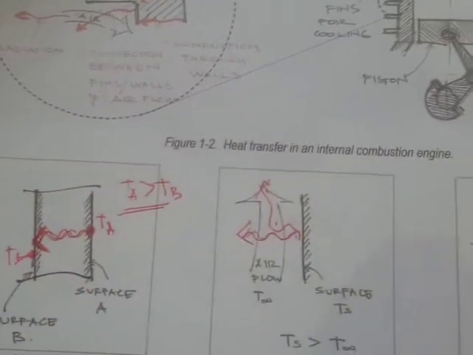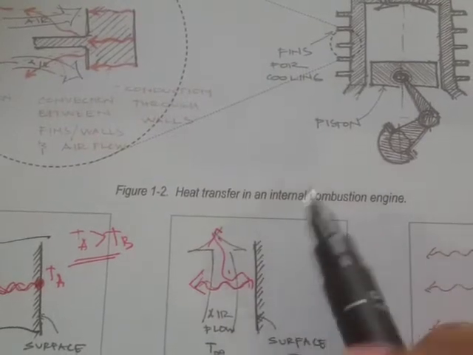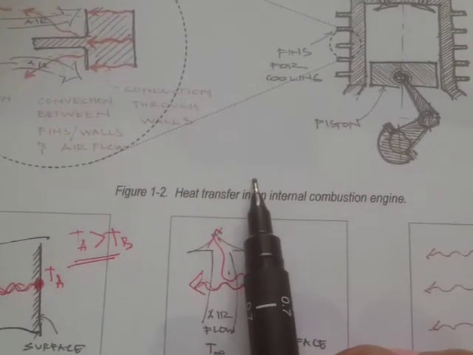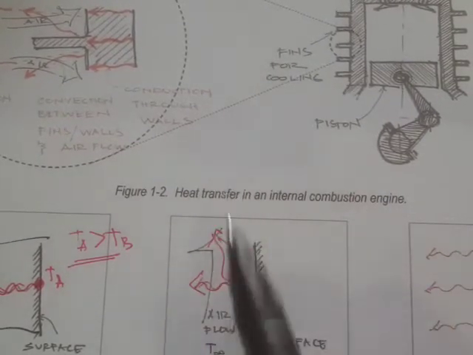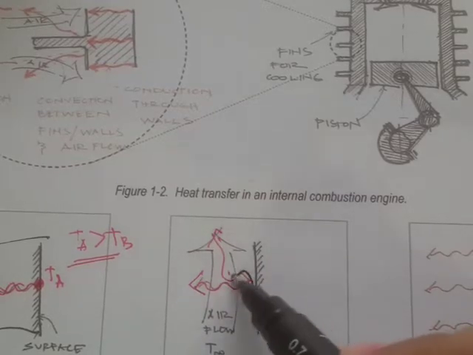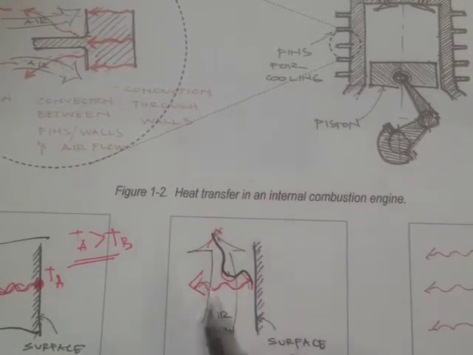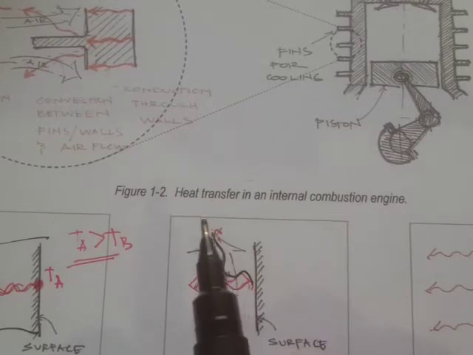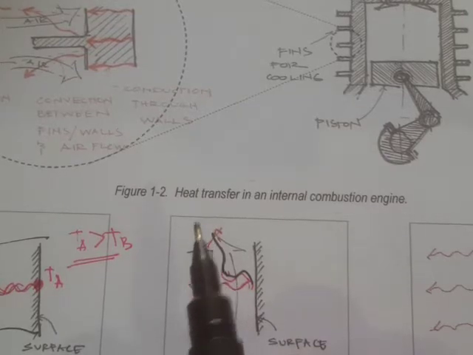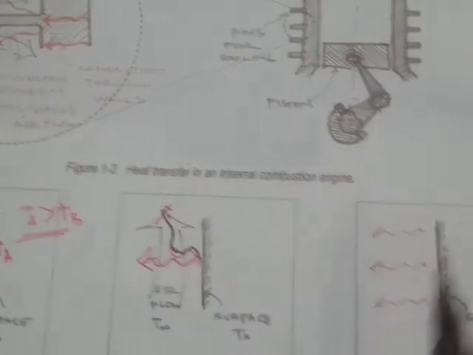And for convection, this is simply the heat transfer from a surface to a moving fluid. There can be fans, or natural convection. Later on, we'll discuss that in detail.